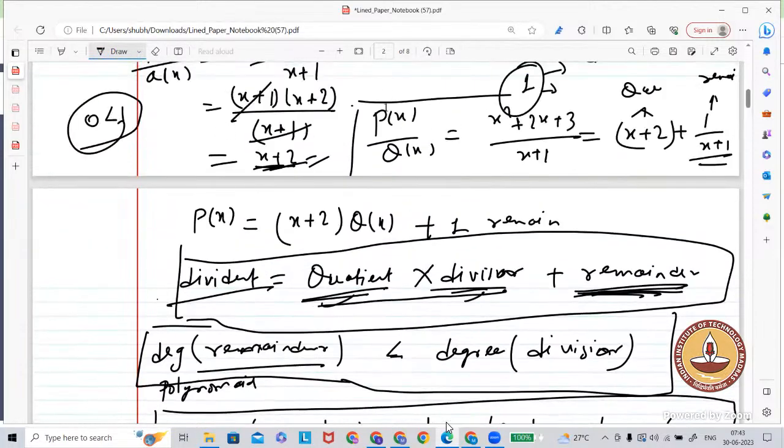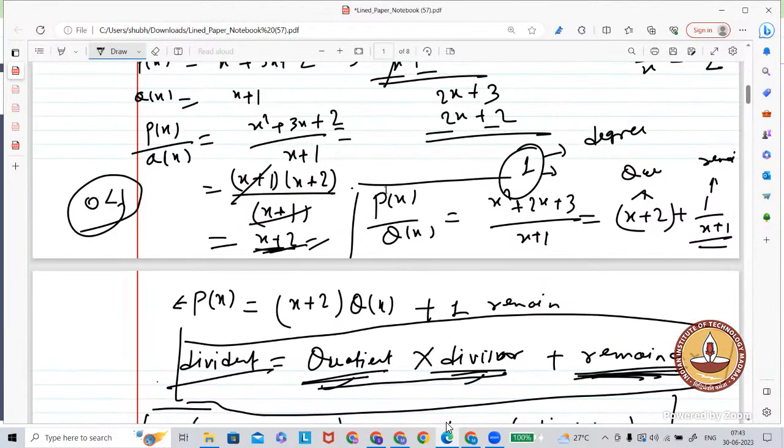For example, we can see here that the degree of p(x) is 2, right? This is a quadratic. Now the quotient you got has degree 1, and the divisor q(x) is x plus 1, which also has degree 1, and the degree of the remainder we got here is 0, which is less than 1, right?